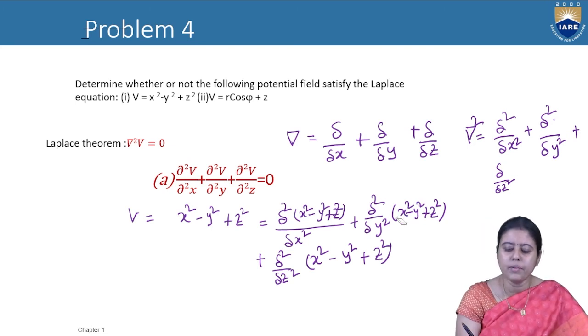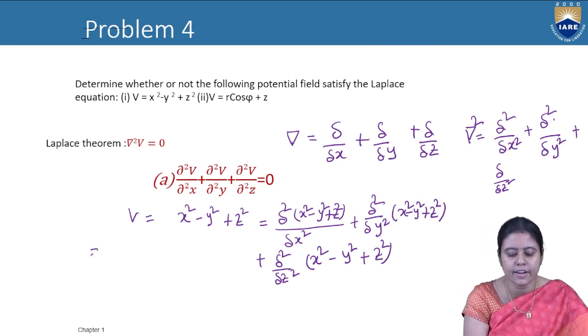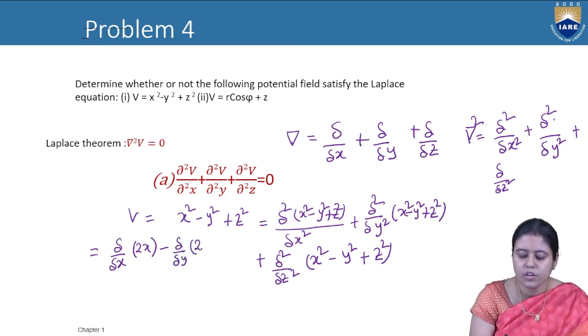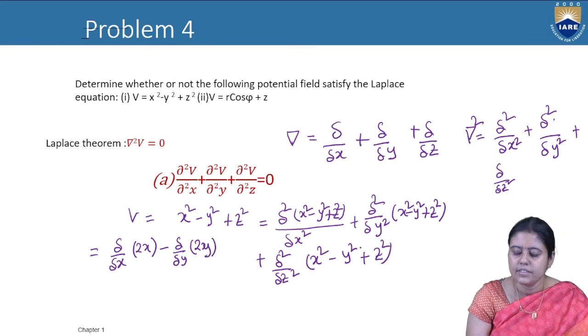Similarly, what will be the next line? Del by del x of 2x, minus del by del y of 2y. Similarly, here we are getting only the z term, plus del by del z of 2z. 2 minus 2 plus 2 is equal to 2.